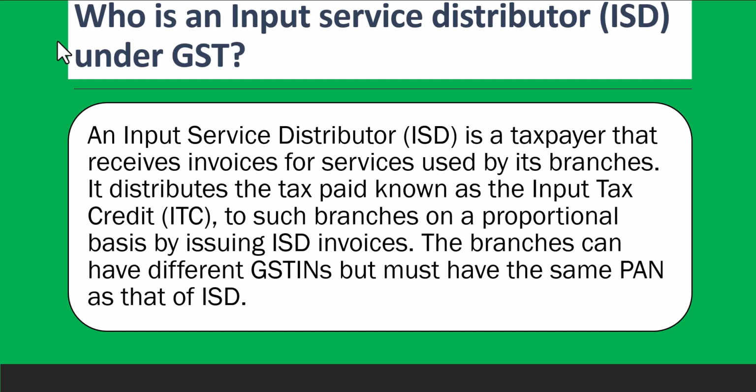Just to give an example, what does this mean? When I was working with Vodafone Idea, our head office was giving advertisements in print media and TV. We used to get an invoice from the TV operator. Our head office used to get an invoice of, say, 1 crore rupees for advertisement given for the entire circles or entire businesses of Vodafone Idea.